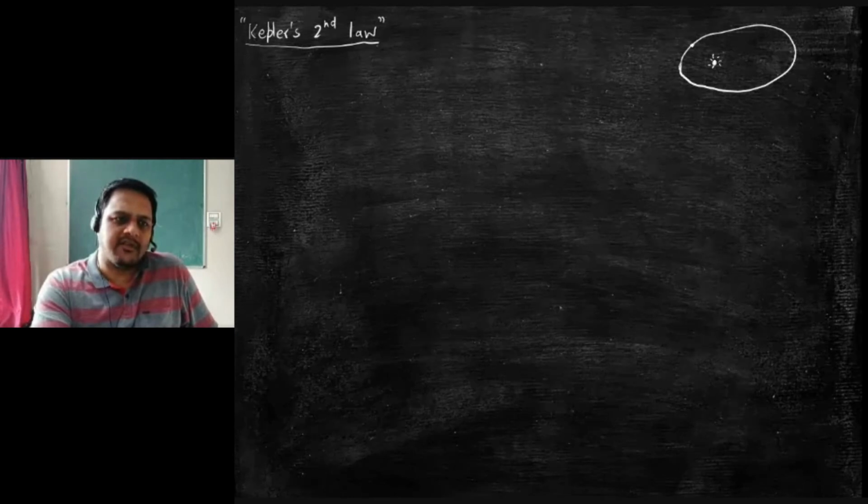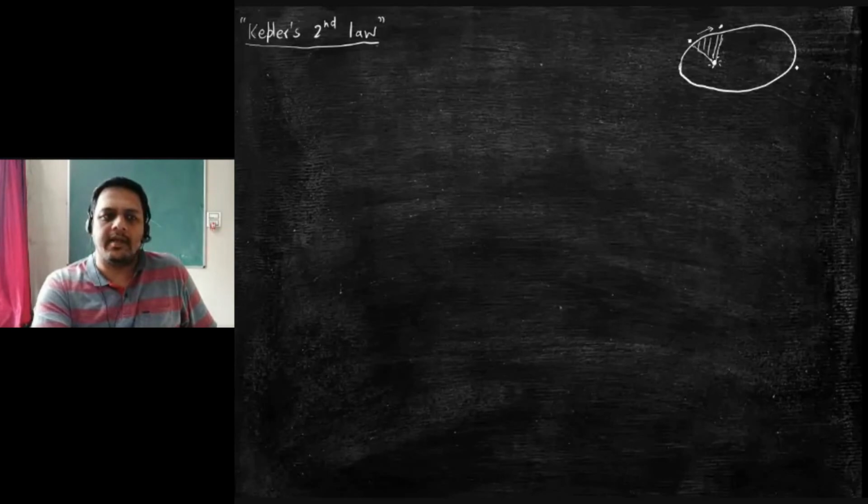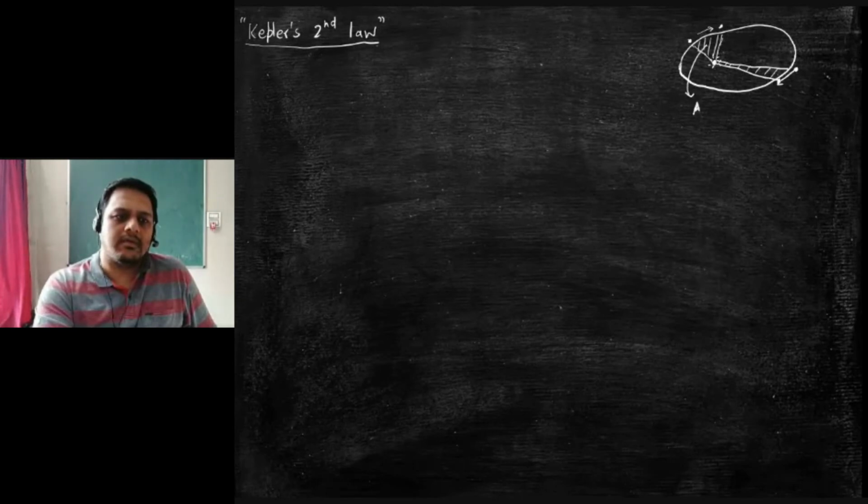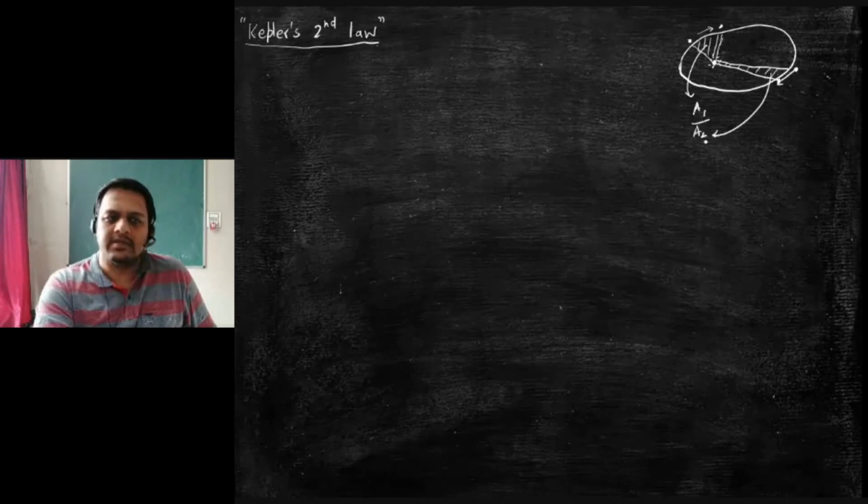Basically what Kepler observed is the following, that if I take, let us say, the planet moving from here to here, or I take the planet moving from, let us say, here to here, something like that, such that A1 and A2 are two areas.